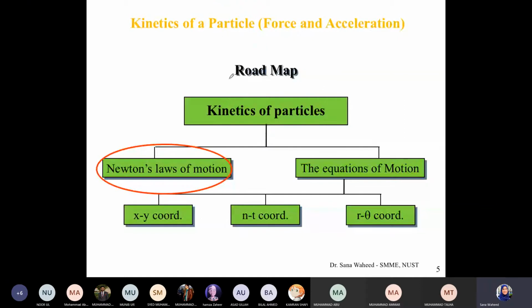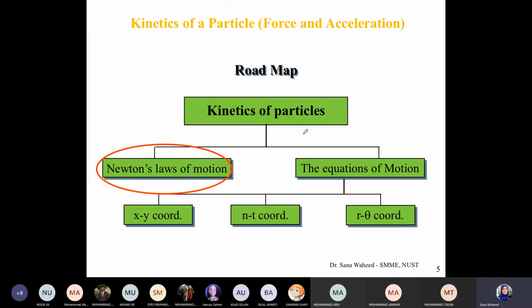Let's lay down what our path for this kinetics part of the course will be. Initially, we're going to revise Newton's laws of motion, and we'll see how it's actually Newton's second law of motion which is basically the fundamental principle involved in kinetics.